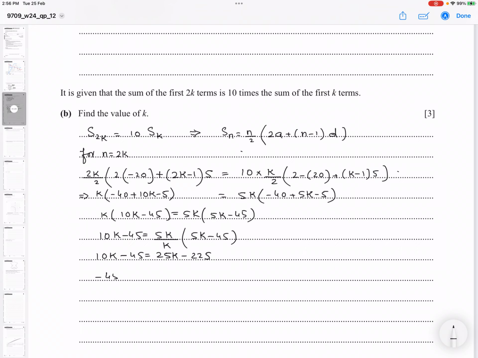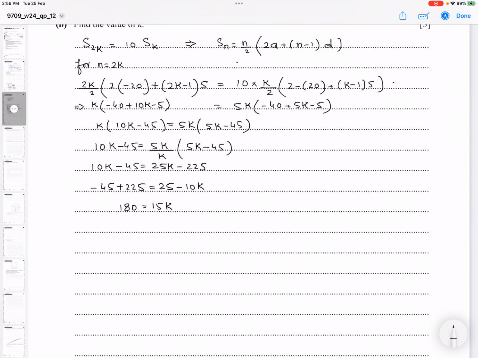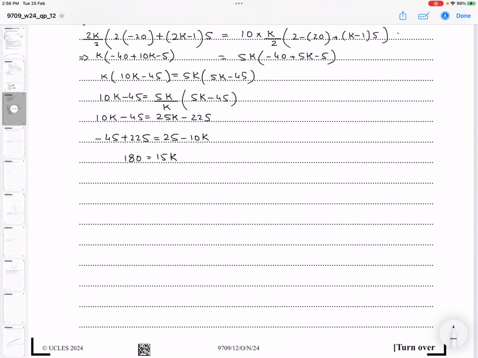So minus 45 plus 225 is equal to 25k minus 10k. So this becomes 180 equals 15k. So k equals 180 divided by 15, which is 12. So this would be our answer.